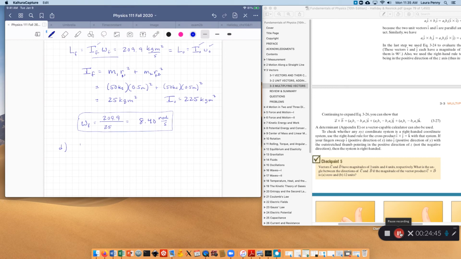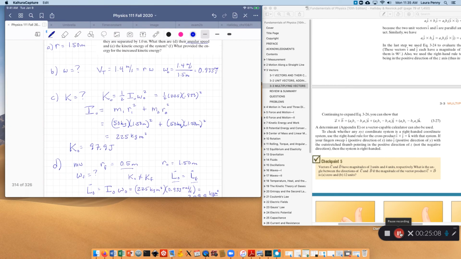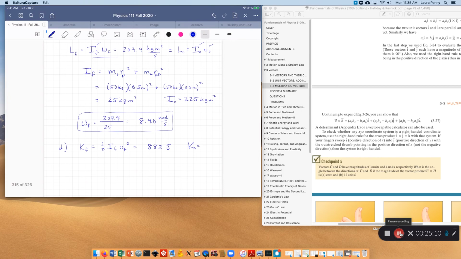Then in part D, now it wants to know K final. Well, that's 1/2 I final omega final squared, plugging those in. It is a whopping 882 joules. Remember that our initial kinetic energy was only 97.9 joules.